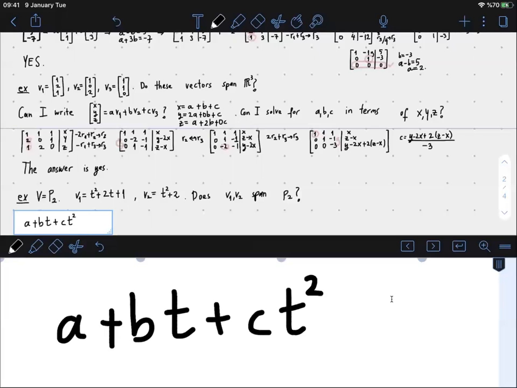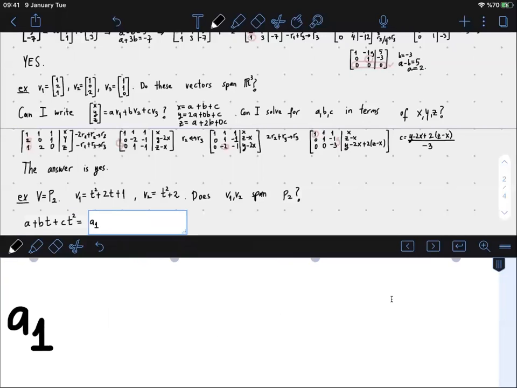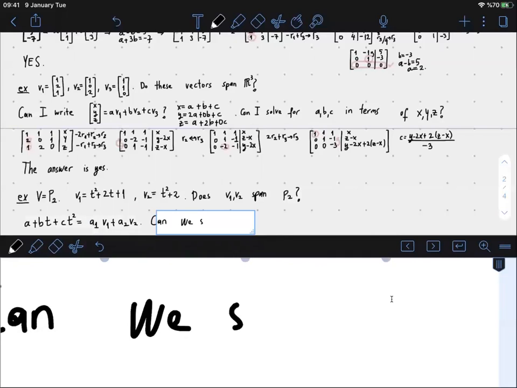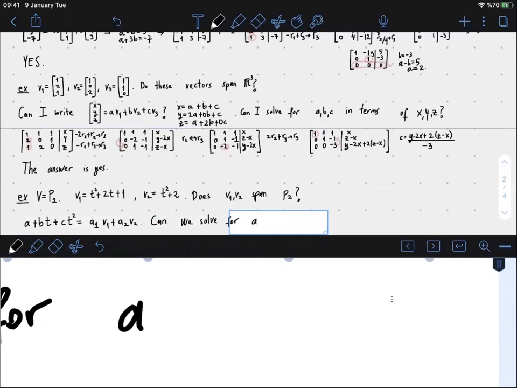The question is whether I can find constants a1 and a2 such that it equals a1 times v1 plus a2 times v2. Can we solve this for a1 and a2? The answer is no.